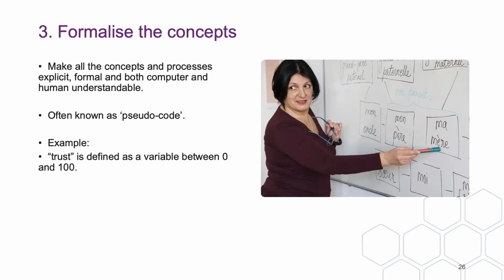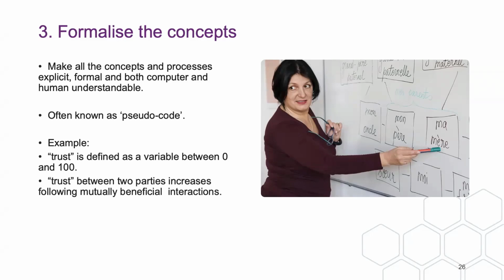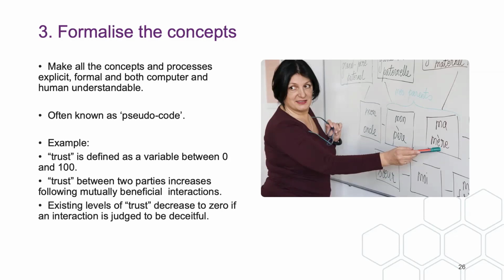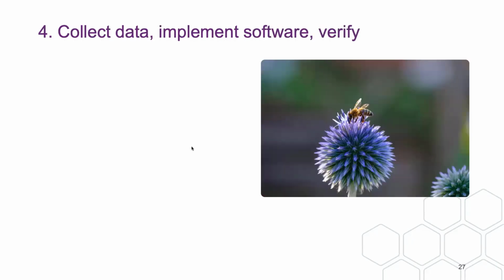So maybe if you're looking at the way two parties interact, if they interact positively, that trust increases. And then given a negative interaction where one of the parties is judged to be deceitful, maybe that level of trust then declines or resets to 0. So you have to start thinking about how to formalise concepts in your research question so that a computer would be able to understand it. And then we're on to step 4.